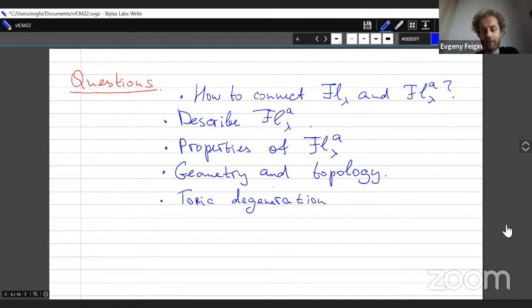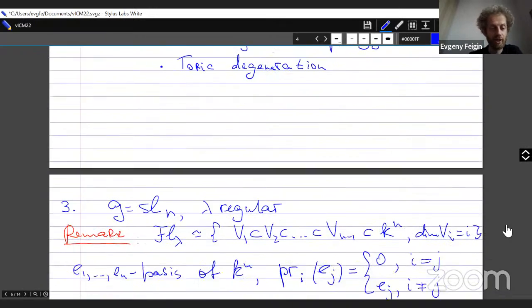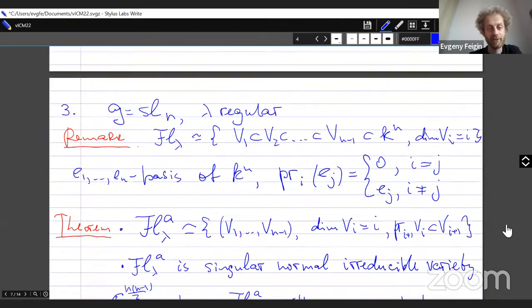But it's absolutely unclear whether it still holds for FL lambda A, and in fact it does. So this is another evidence that the construction is natural and somehow interesting. So let us proceed.